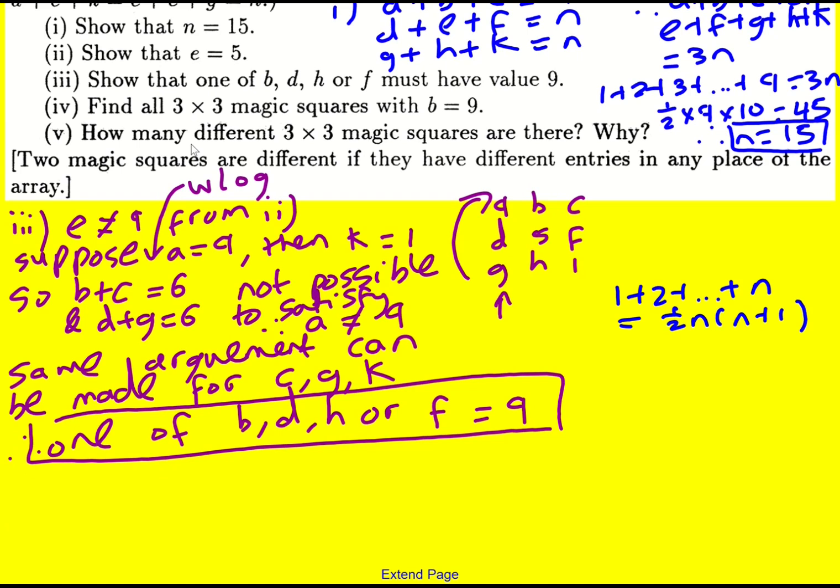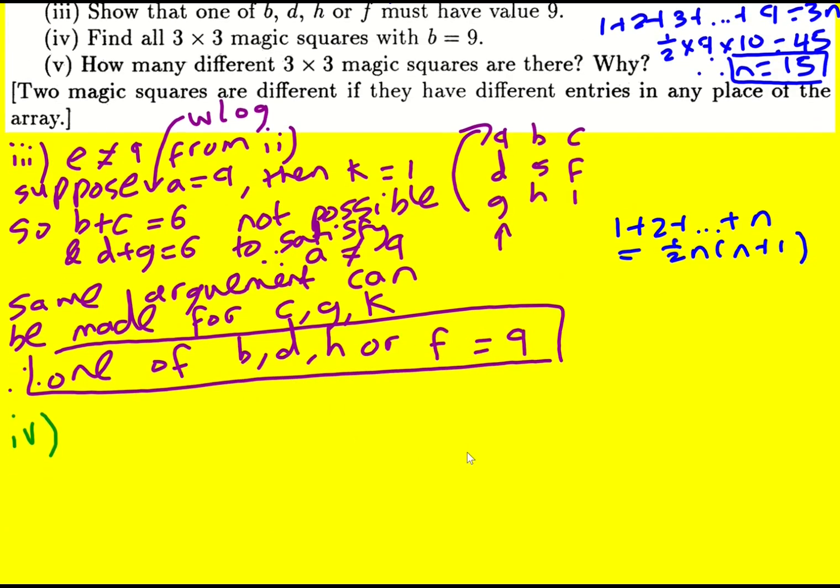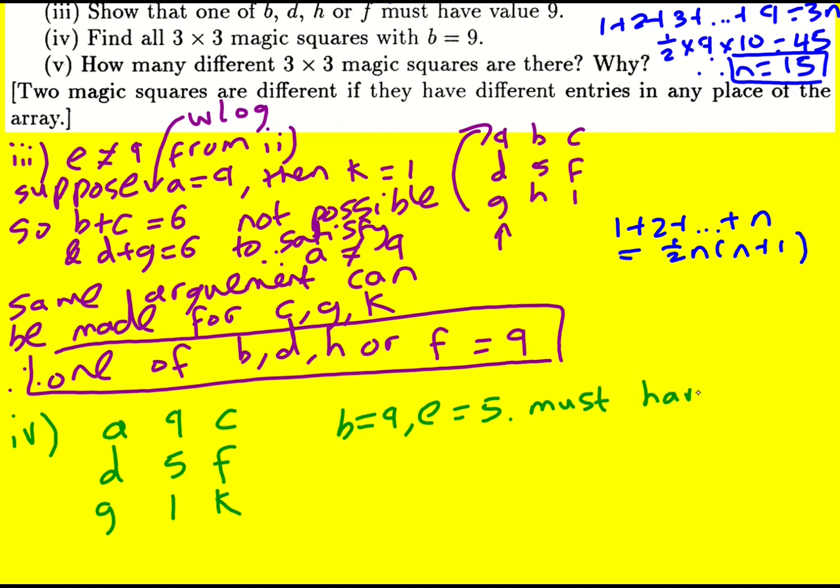So we're into the later stages now, part 4. Find all 3 by 3 magic squares where B is equal to 9. So I've got A, 9, C, D, 5, F, G, 1, and then K. So B equals 9, E equals 5, must have H equaling 1.